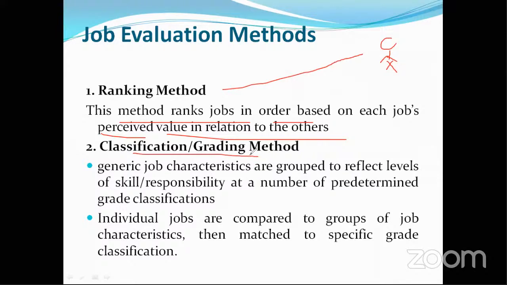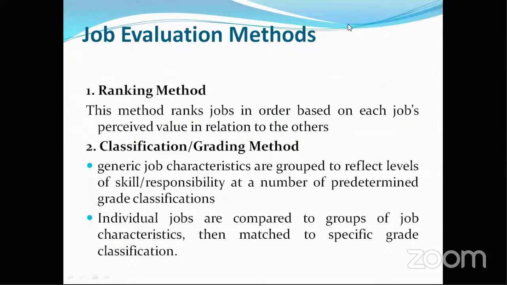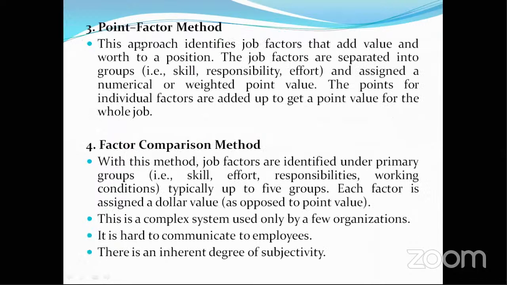Classification and grading method. You will classify jobs based on certain criteria: how much time you are spending, what tools are required, what techniques you are using. Based on this classification, if you determine grades, that is known as the classification and grading method. Point factor method. This approach identifies job factors that add value and worth to a position.